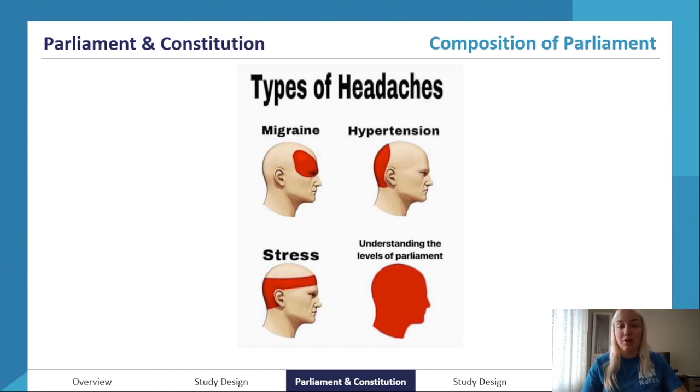These are the key concepts. That includes the composition and roles of Parliament, but also the roles of the High Court and the Australian Constitution, in order for you to grasp the rest of the concepts. When you do Unit 4 Area of Study 2, you would definitely be lost if you don't get these key concepts right.